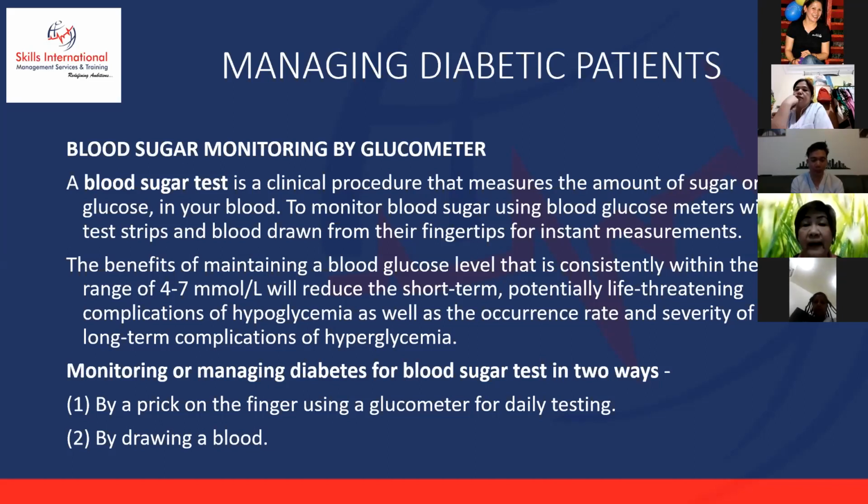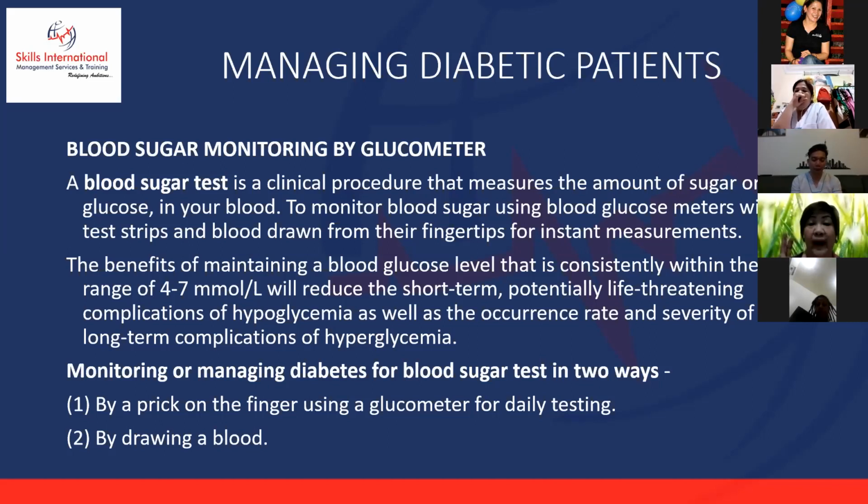So monitoring or managing diabetes through blood sugar tests can be done in 2 ways. How are we going to monitor or manage diabetes for blood sugar? Number 1 is by a prick on the finger using a glucometer. Okay, this is what we are going to do. We need to prick the finger using a glucometer for our daily testing. Number 2 is by drawing blood.